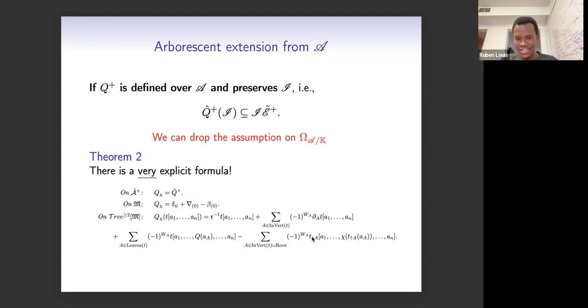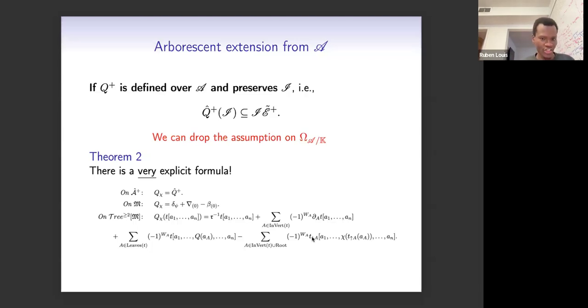And we have some degree conventions. So anyway, the point is we have a very explicit expression of the Q. Yeah, and the proof of that is, you need to check directly that it squares to zero.